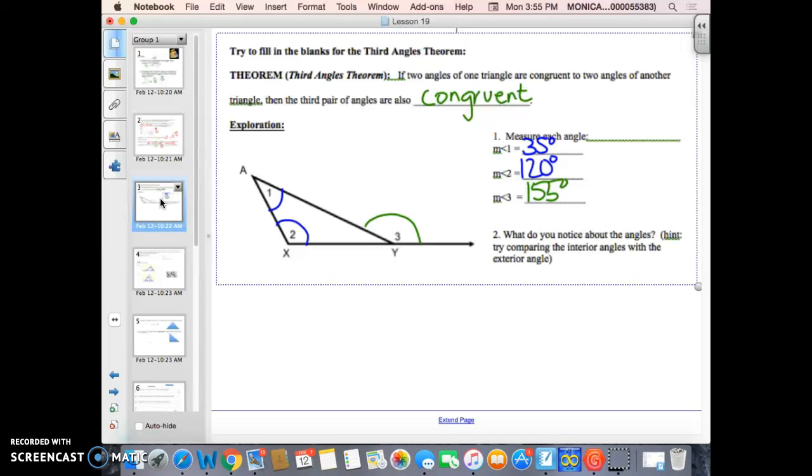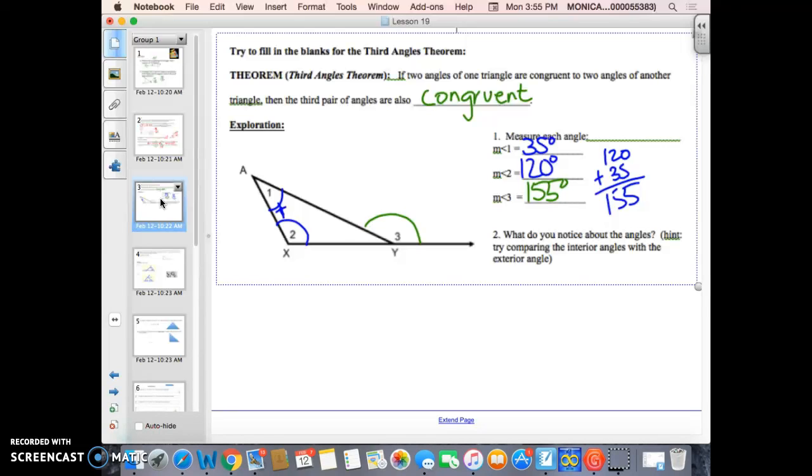Well, if you add 35 plus 120, you actually get 155. And so the conclusion you can draw is that if you add the angles that are non-adjacent, or remote from the exterior angle, you actually get the exterior angle.